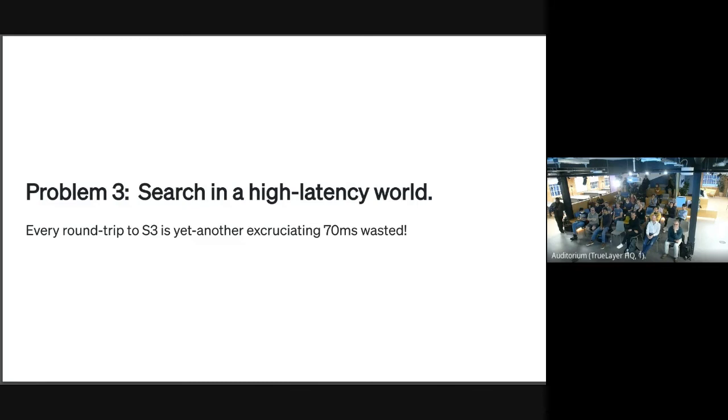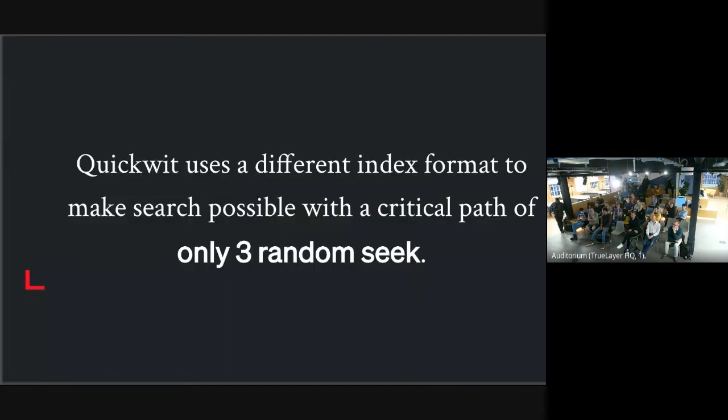The last thing to be performant is to avoid the random seeks. So we started with the hot cache. But for Quickwit's purpose, we also changed a bit the data structure of the term dictionary.